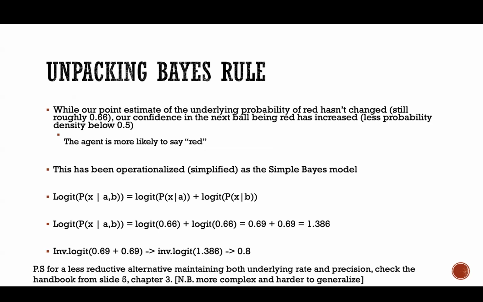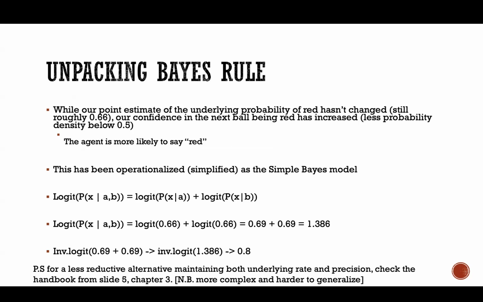Therefore, an agent following a Bayesian rule will be more likely to say that the next marble is going to be red. This has been operationalized and simplified as the simple Bayes model, which relies on our beloved log odds.